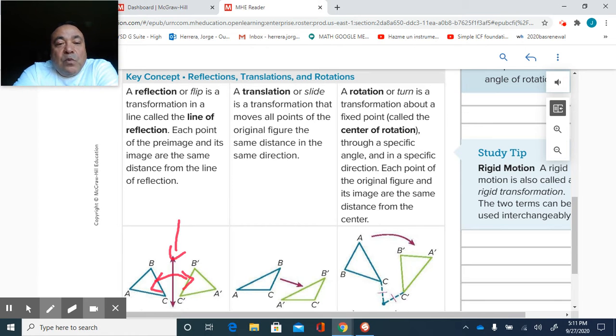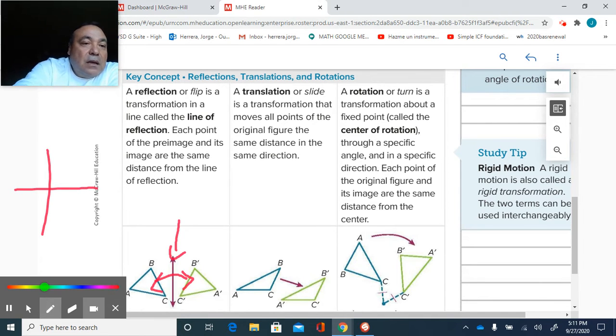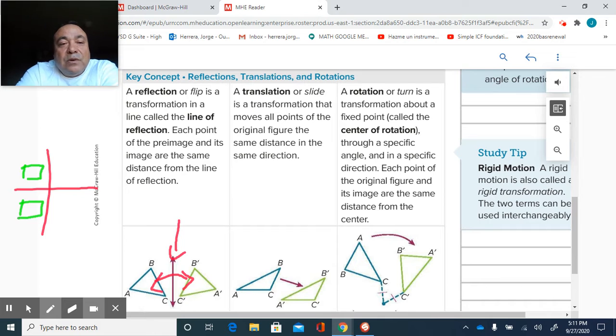But we could also have it across the x-axis, meaning up and down. So you could have an image right here, and then put it across the x-axis, so it lands about there. So you can have it across the y-axis or across the x-axis. Let's keep that in mind.